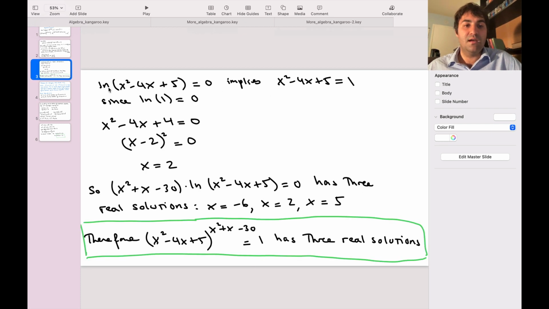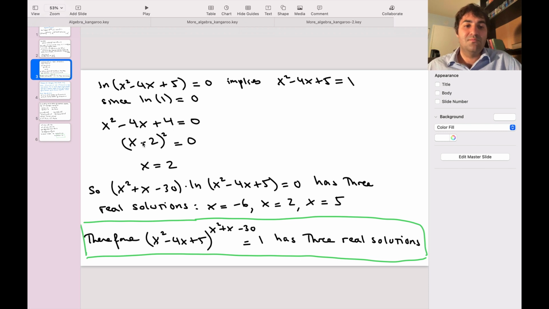And then we're going to set ln(x² − 4x + 5) equal to 0. Since ln of 1 is equal to 0, we have to solve x² − 4x + 5 equal to 1. Just put the 1 on the other side, and we get x² − 4x + 4 equal to 0.